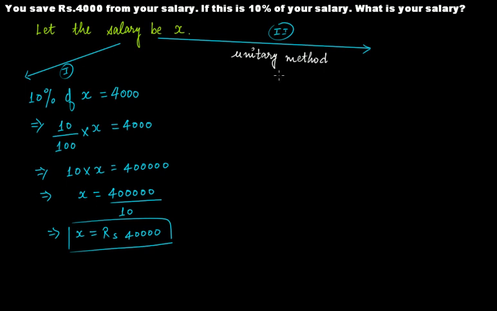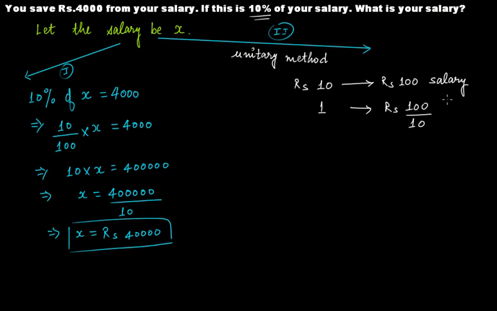It says that from this 10%, you save rupees 10 for every rupees 100 of your salary, right? So you save 1, that is a unitary method, for rupees 100 over 10.